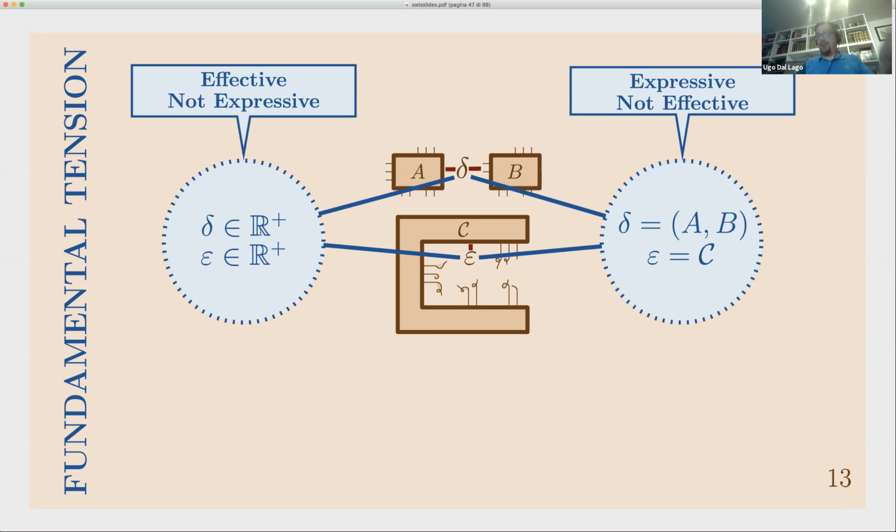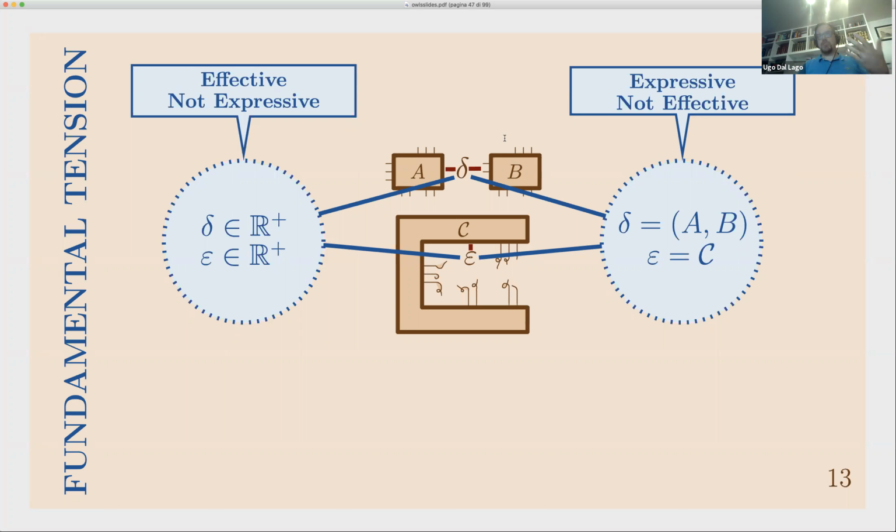So you keep all the information, and the sensitivity of the context is just the context. Of course, this doesn't make sense. We know that this is not a proper way of giving the semantics because it's not effective. Composing delta and epsilon is the same thing as executing A and B into, say, C in the presence of A or B. So there is a spectrum, a tension between effectiveness and expressiveness.